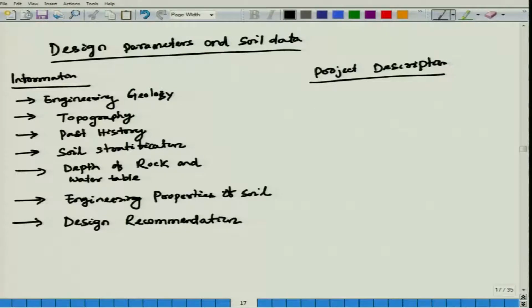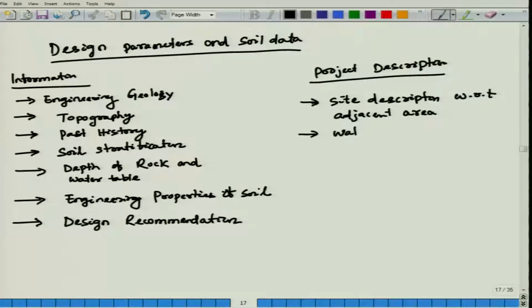Particularly you are going to give the general level or site description with respect to the adjacent area, then your problem of waterlogging or drainage, then surface investigation.